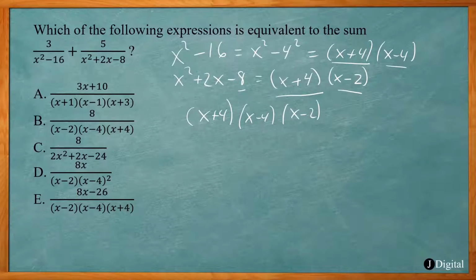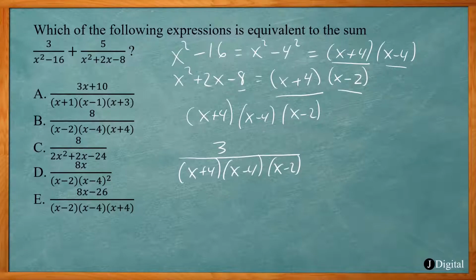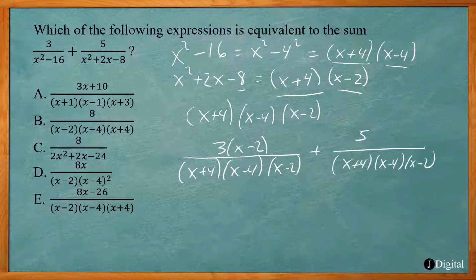Now I'm going to rewrite these two fractions with the common denominator. Now this first one already had x plus 4 and x minus 4. So I need to add the additional to the top, x minus 2. And then the other one already had x plus 4 and x minus 2. So it needs x minus 4.